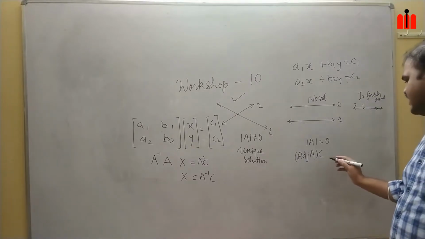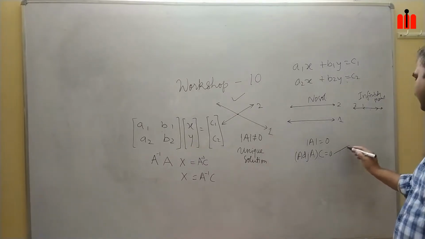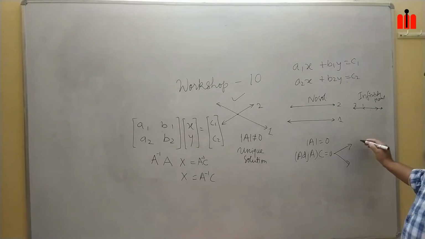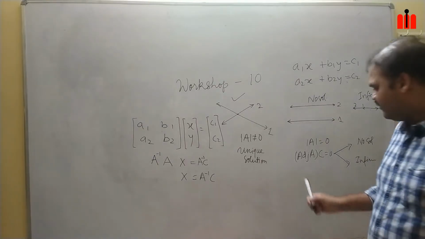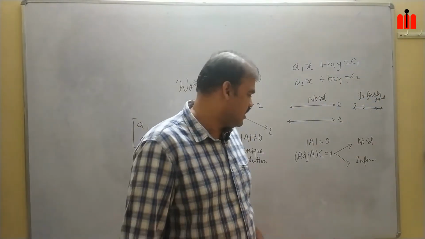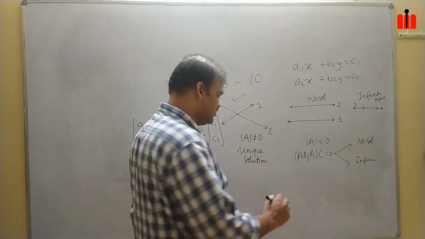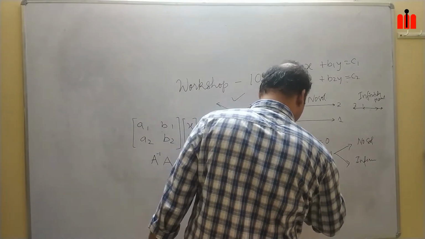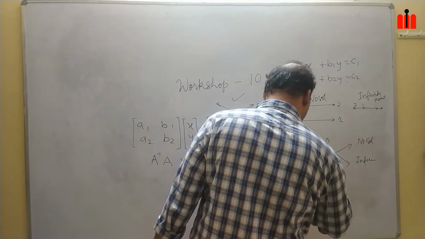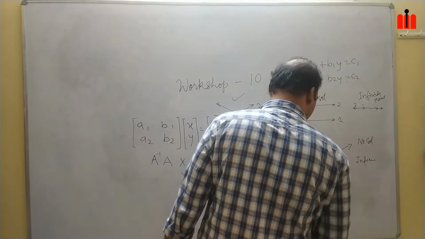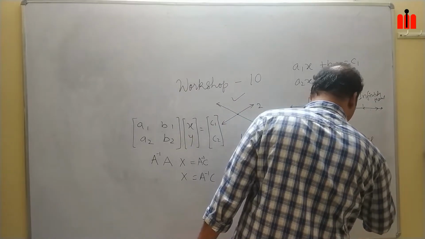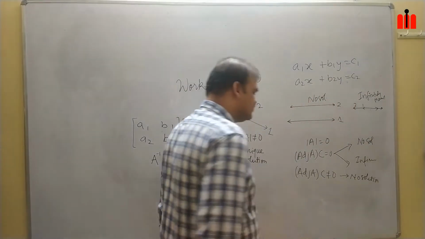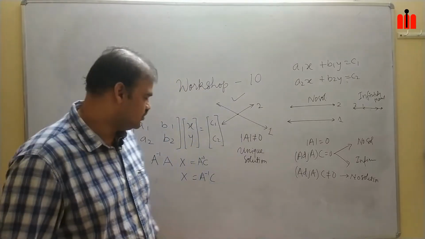So when adjoint A into C is equal to 0, it will have two possibilities: no solution or infinitely many solutions. If adjoint A into C is not equal to 0, then definitely it's a no solution.